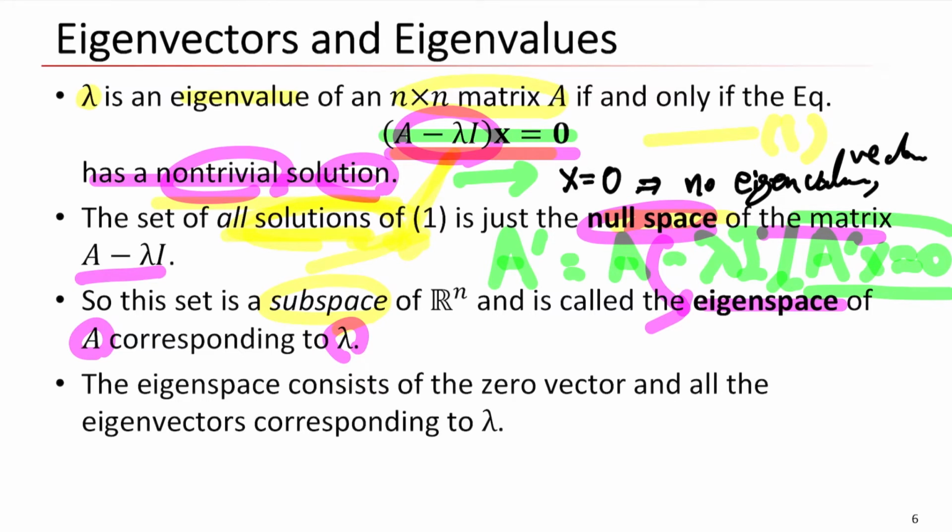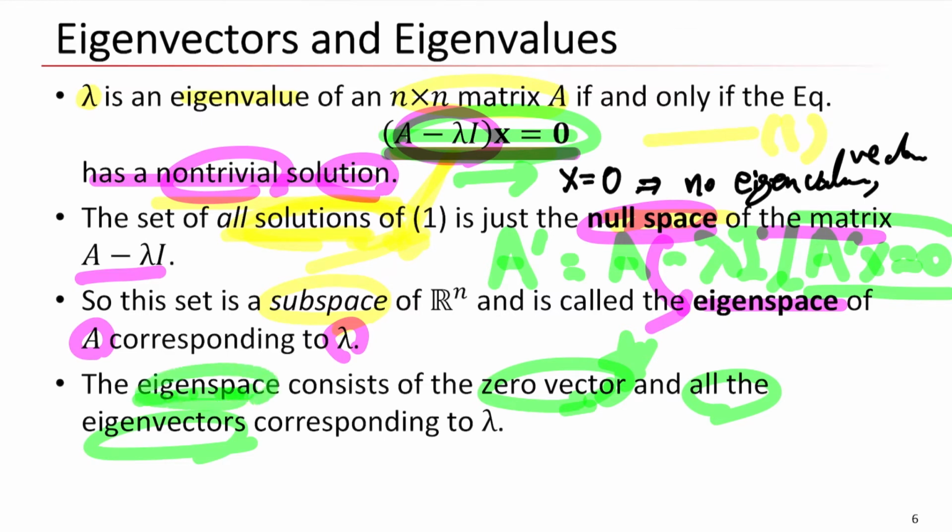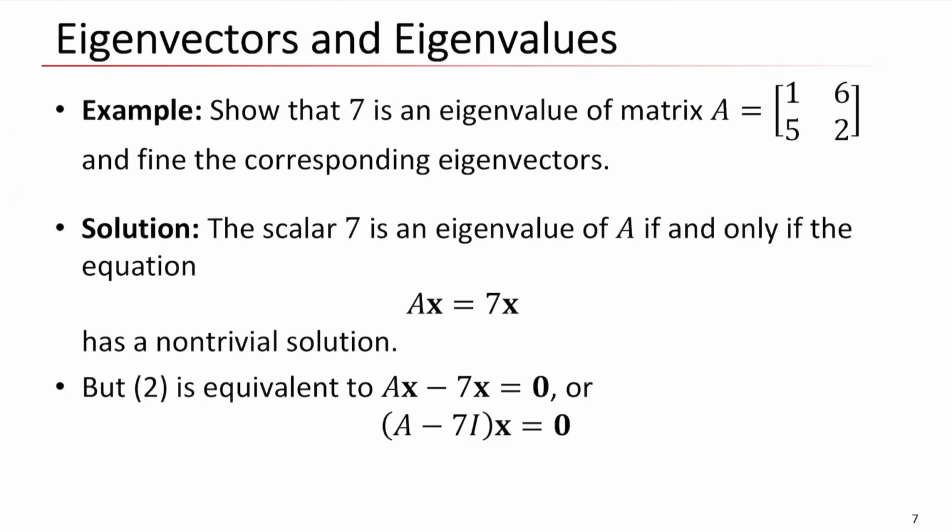So the eigenspace consists of the zero vector and all the eigenvectors. Why is there a zero vector in the eigenspace? Because this is a null space. This is a homogeneous system, so it always has the zero vector as a solution. Okay, so this is a property.